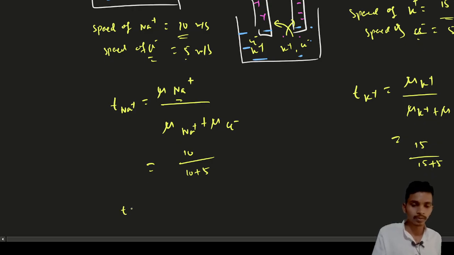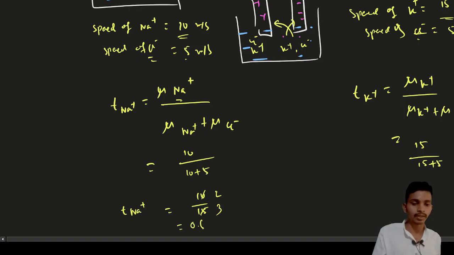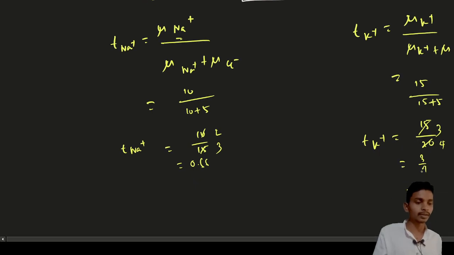So whose transport number is more? The transport number of Na+ is 10 upon 15, which is equal to 0.66, and the transport number of K+ is 15 upon 20, that is 3 upon 4, which is 0.75.